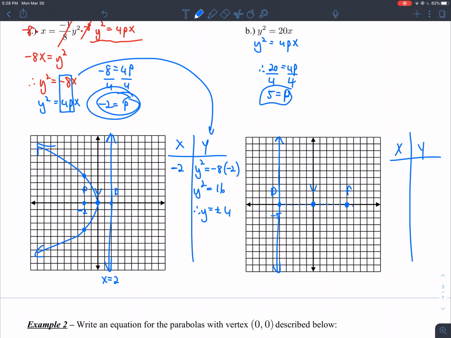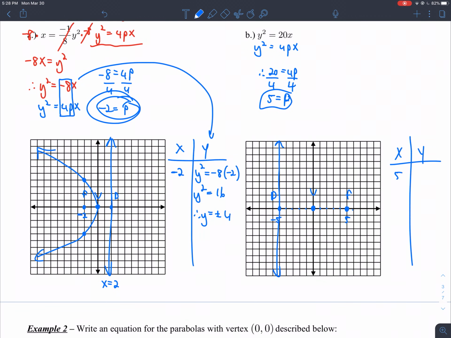In any case, you take this focus value here, 5, and let x be that, and plug it in here, so you get y squared equals 20 times 5 from the equation in the beginning, and then you get y squared equals 100, and if you take the square root, you get y is plus minus 10. Okay, and so y is plus minus 10 is here and here, and then you can draw your parabola.